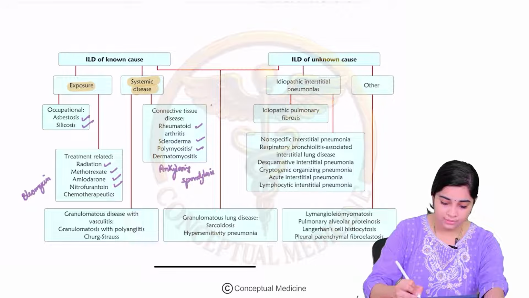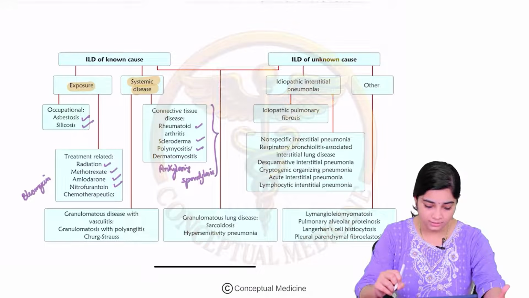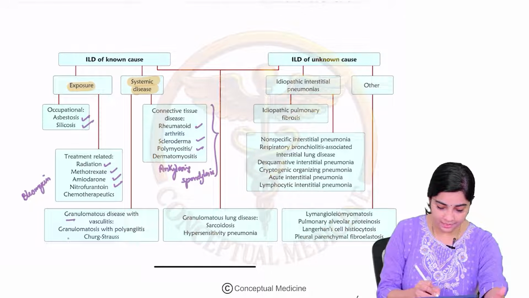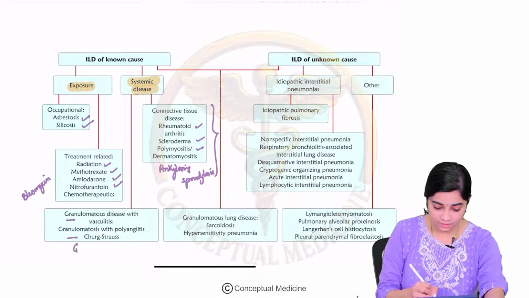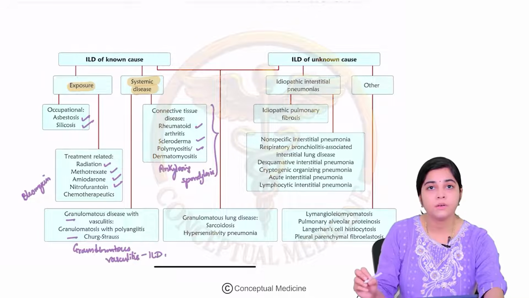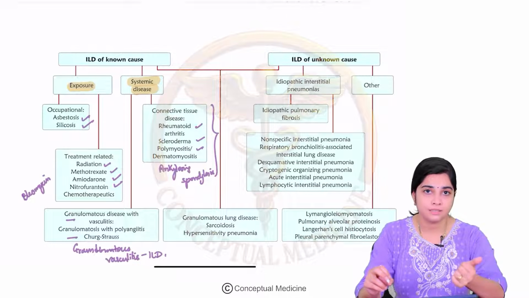Okay, so these are the group of connective tissue disorders which can be associated with interstitial lung diseases. Then vasculitis like GPA and EGPA, right? So what type of ILD do they cause? They cause something called granulomatous vasculitis related ILD.